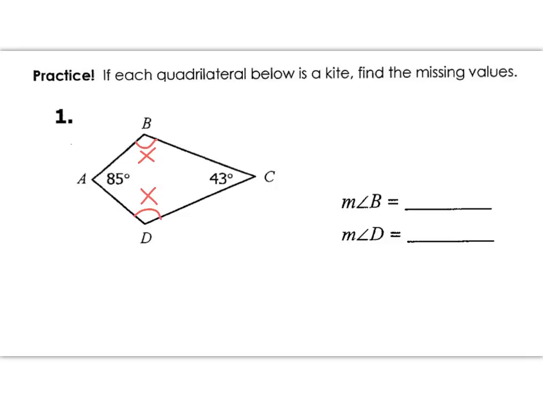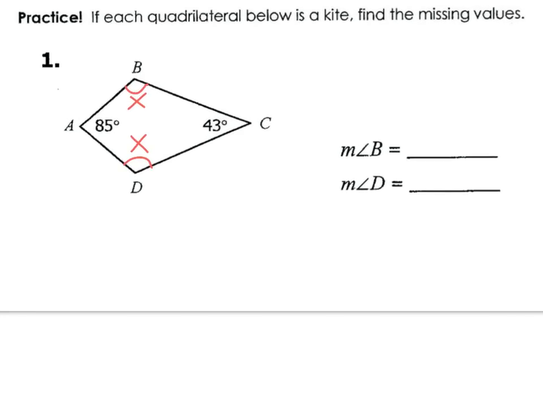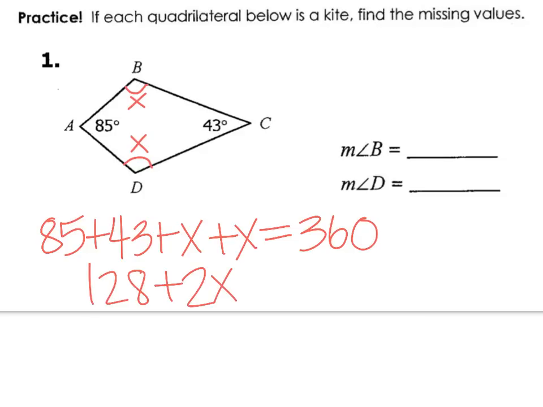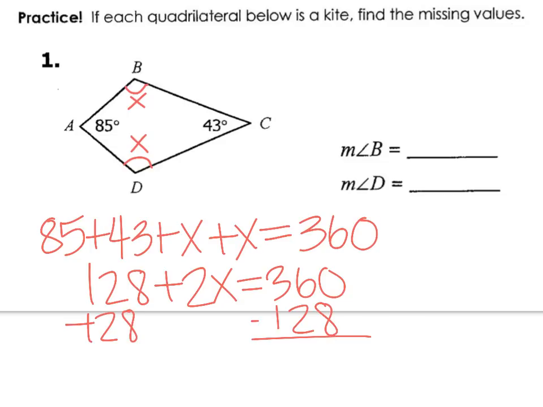So what we can do is we can say that 85 plus 43 plus x plus x equals 360 degrees. Then we want to simplify this. We can say 128 plus 2x equals 360. Subtract 128 from both sides.